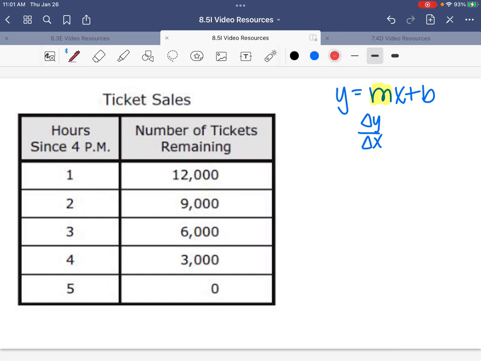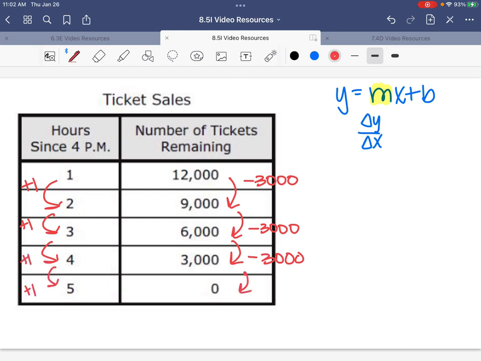And so from hour 1 to hour 2, that's an increase of 1 hour, and 3,000 tickets were sold. So every hour, and that pattern continues. Every hour that increases, 3,000 tickets are sold, until after 5 hours, there are no more tickets.